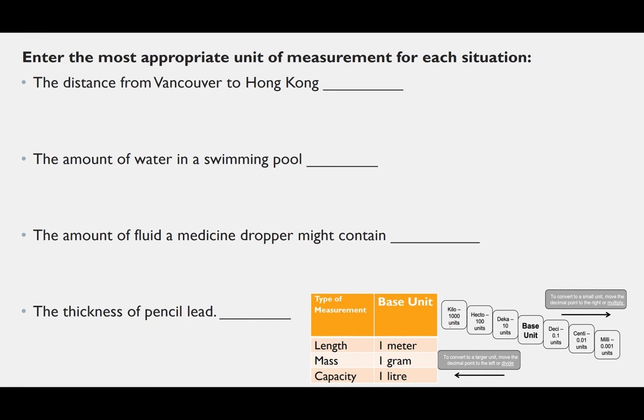The largest unit in our ladder is kilo. And if we're measuring distance, we're going to want to measure length. So we will want to measure the distance from Vancouver to Hong Kong in kilometers, so in km.